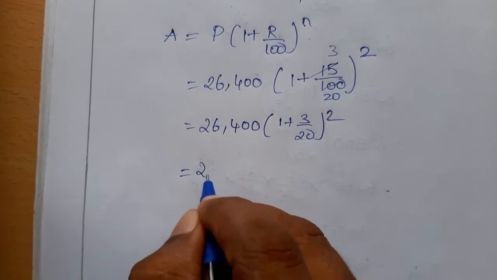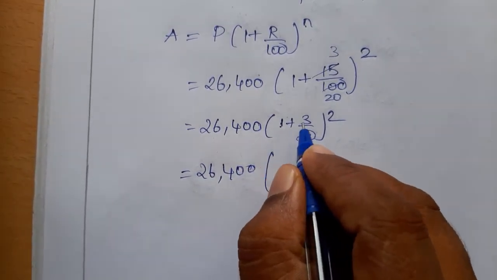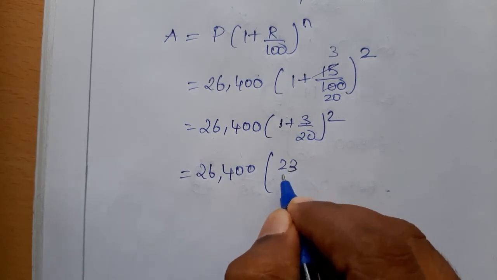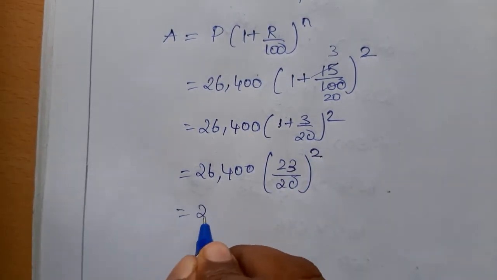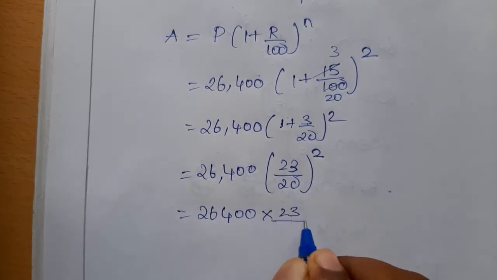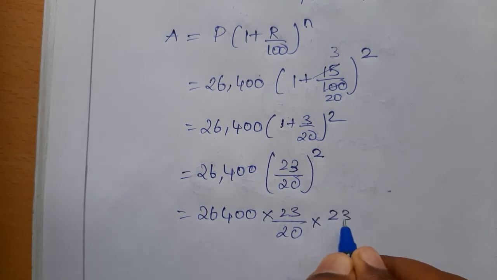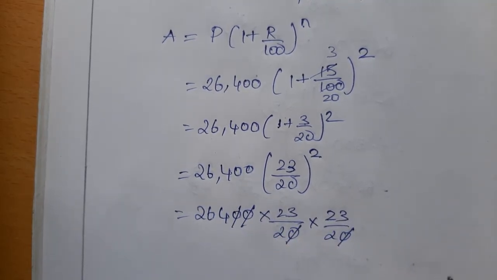So 26,400 into, 20 plus 3 is 23 by 20, the whole square. So 26,400 into 23 by 20 into 23 by 20. 0, 0, 0, 0 cancel.